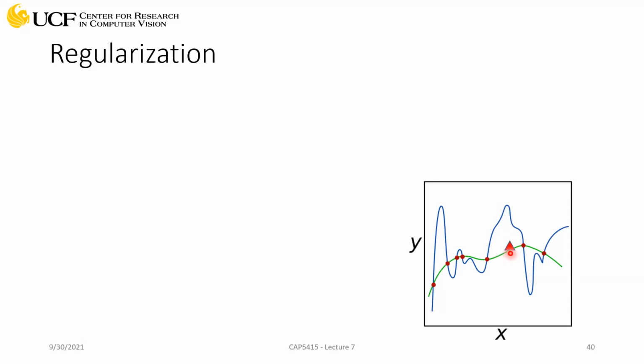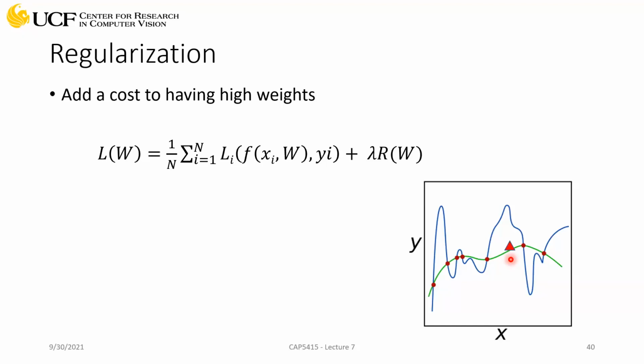But as compared to it, the green one is making the right prediction. So what we do is we try to control the weight values. If you have low weights, then the curve will be smooth, right? You won't have these sharp corners. It won't be that only one parameter is controlling the complete output curve.